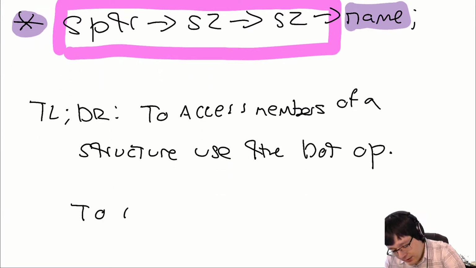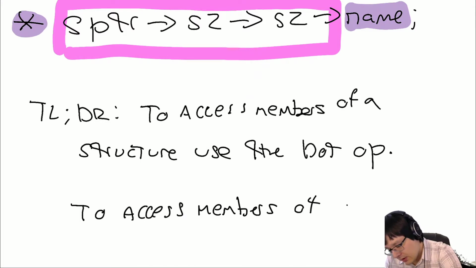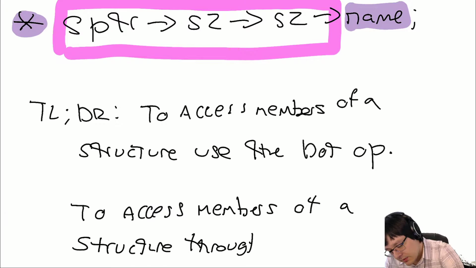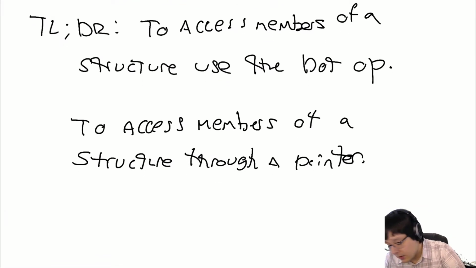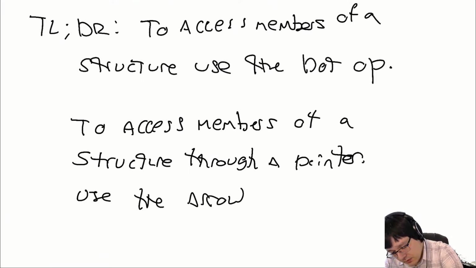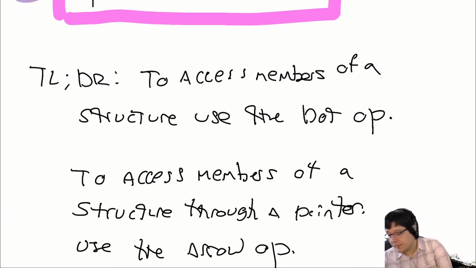When you want to access members of a structure through a pointer, that's the different part, use the arrow operator. Okay?